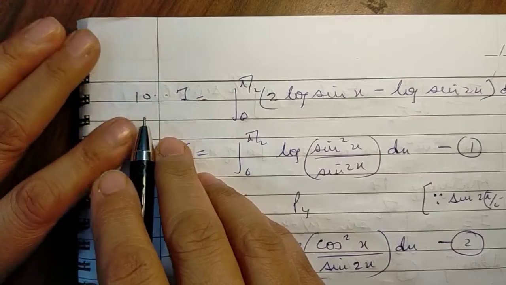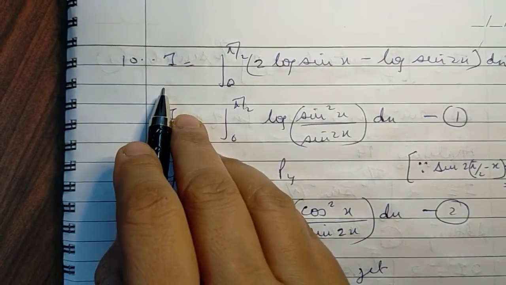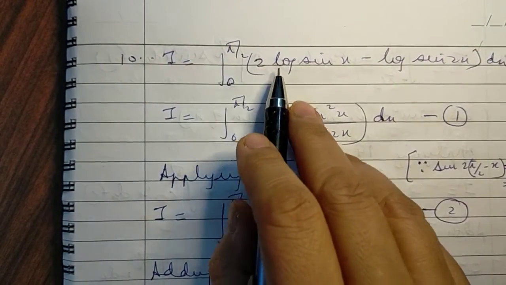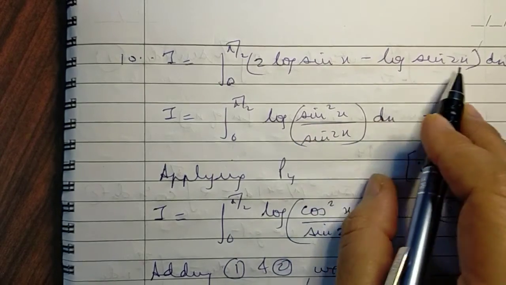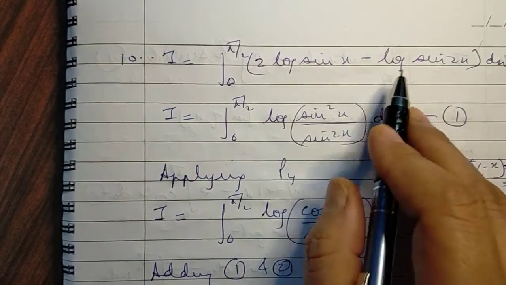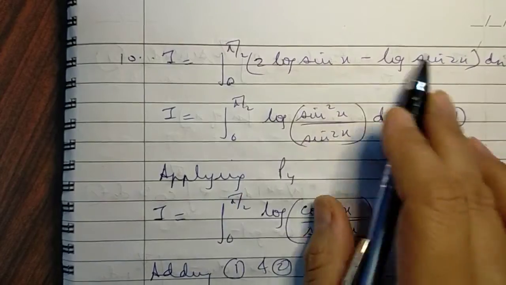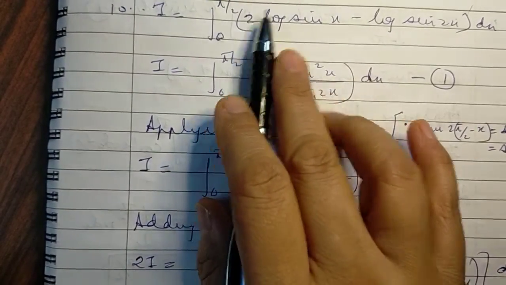Now let's discuss question number 10, which says integral 0 to pi by 2 of log sin x minus log sin 2x. So first of all, using the properties of log, we simplify this and write it as this, 2 goes over here.